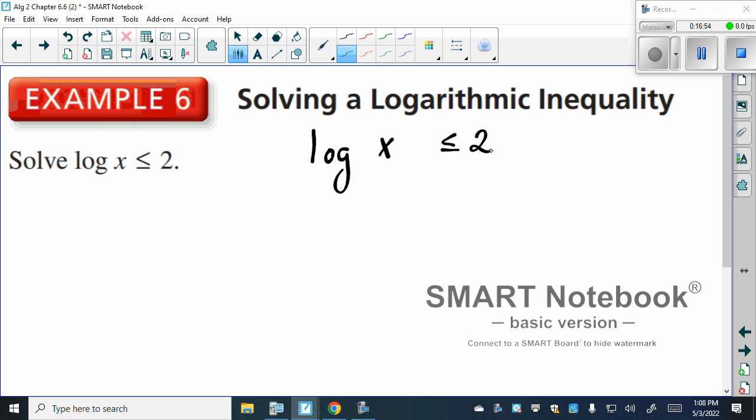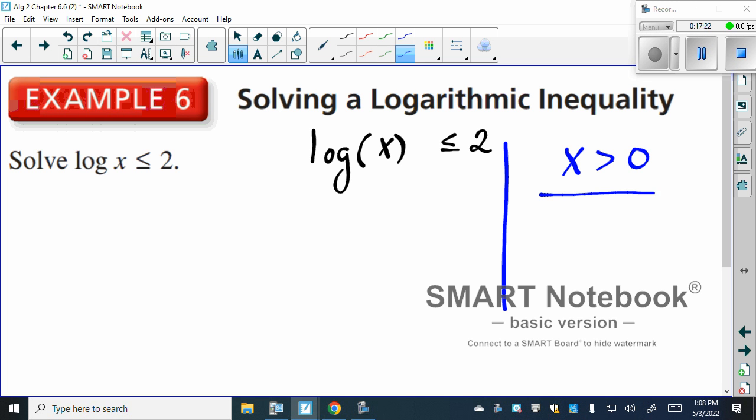Now, whenever we talk about an inequality with logarithms, what's inside the log cannot be 0 or negative. So in this case here, x has to be greater than 0. What's inside the log has to be greater than 0. Now, if there was more than just x, if it had been 2x plus 7, we would have to solve to see what would make what's inside the logarithm be 0.